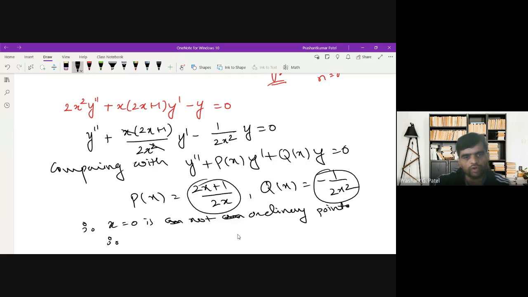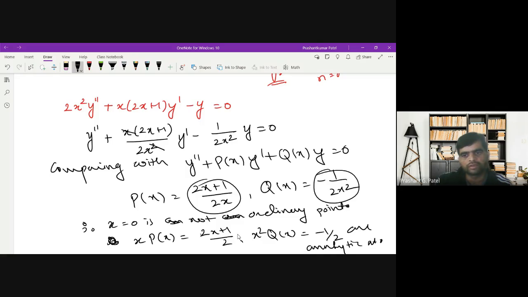Since this is not an ordinary point, we can try to check whether x into p of x is analytic or not. That is, we can just see that it is (2x plus 1) upon 2, and x square into q of x, which is minus 1 by 2, because x square will get cancelled out, and both of them are analytic at x equal to 0.